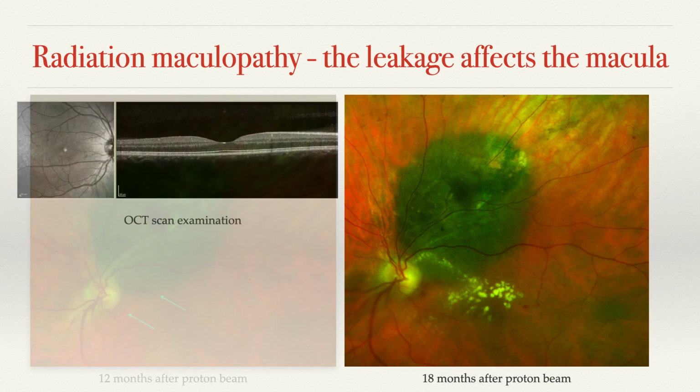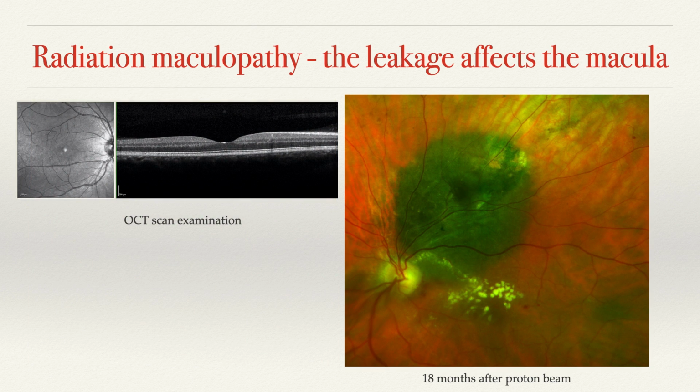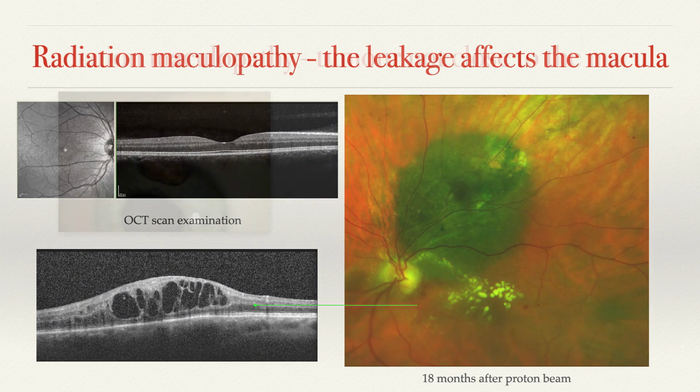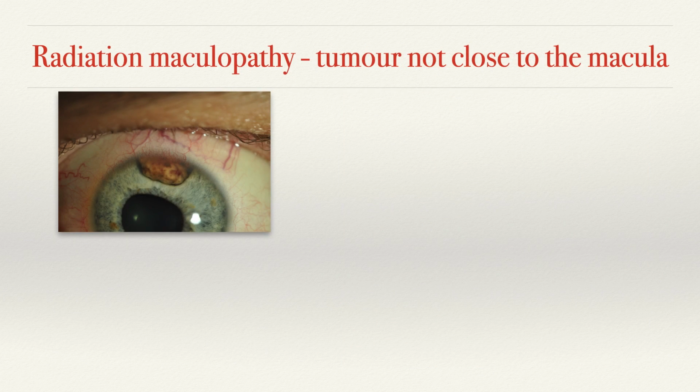And we can confirm that with OCT examinations, where we can see that this is the normal OCT, and in this particular case, taken from there, you can see the swelling. So there's a lot of fluid in the retina, it's ballooned up, and it doesn't work that well. That can happen if the tumor is close to the retina, to the retinal center, but also if it's away from it.